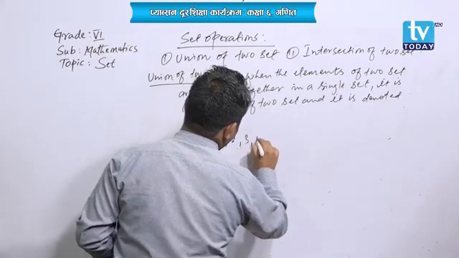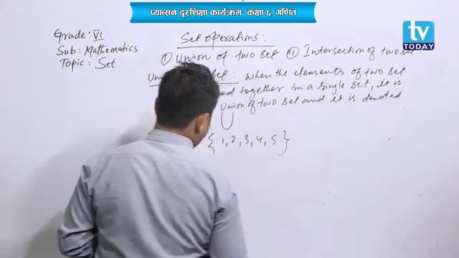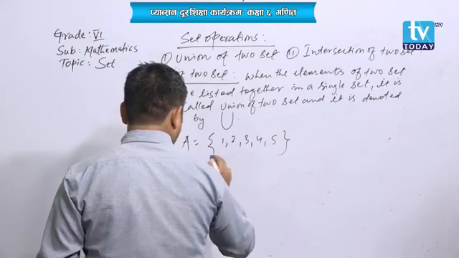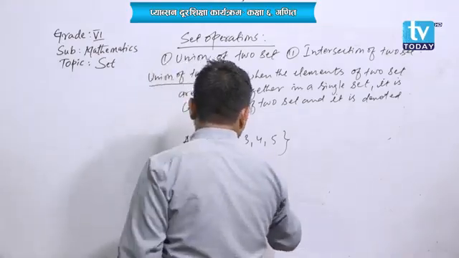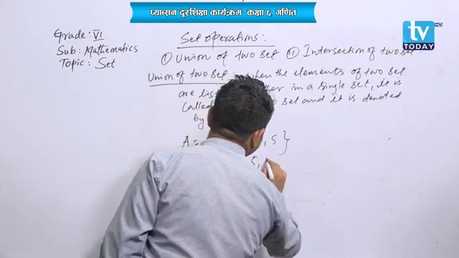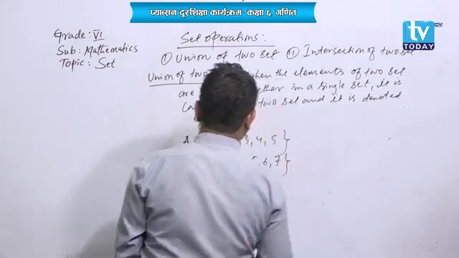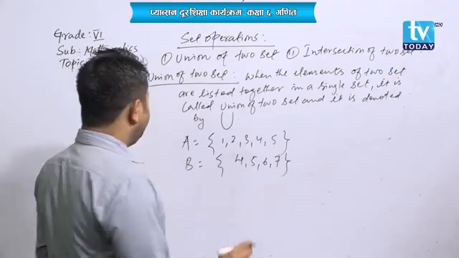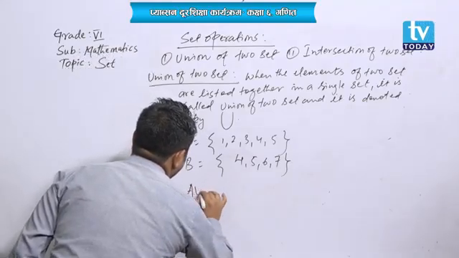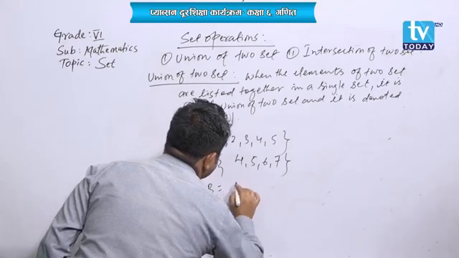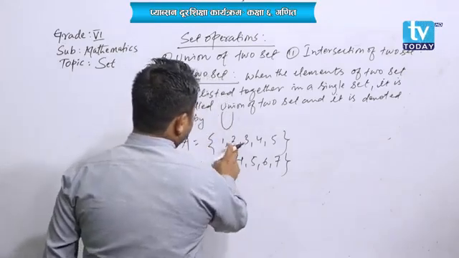A equals 1, 2, 3, 4, 5. Then B, you can write 4, 5, 6, 7. Then how to write A union B? A union B, you can write as 1, 2, 3, 4, 5.